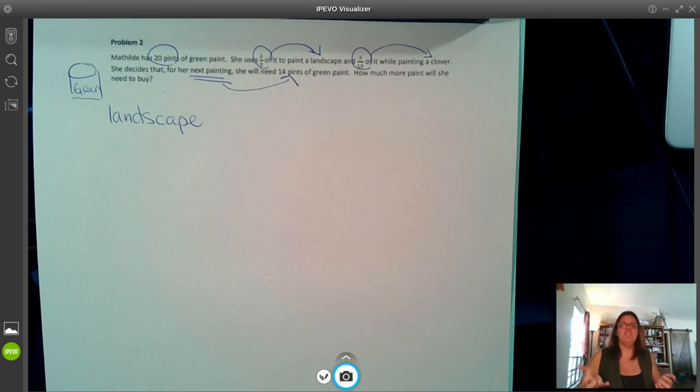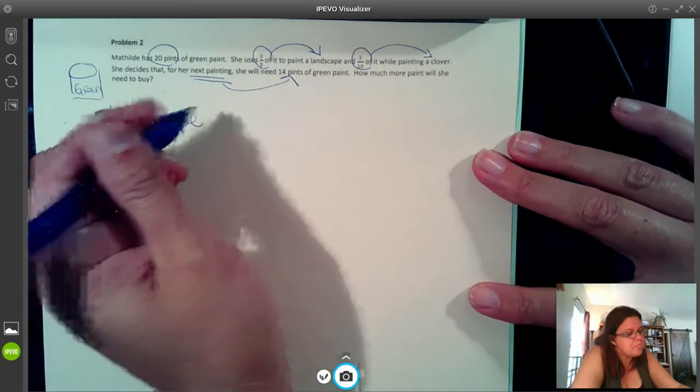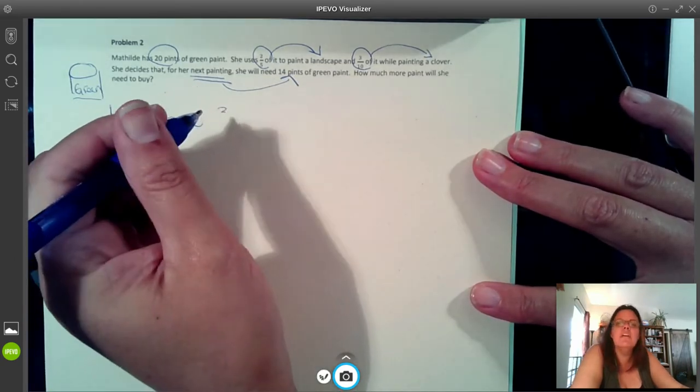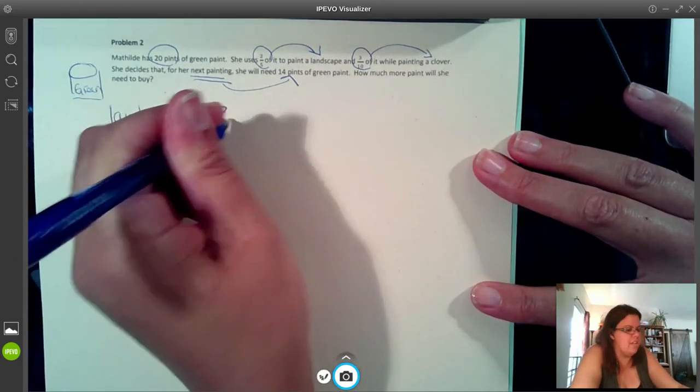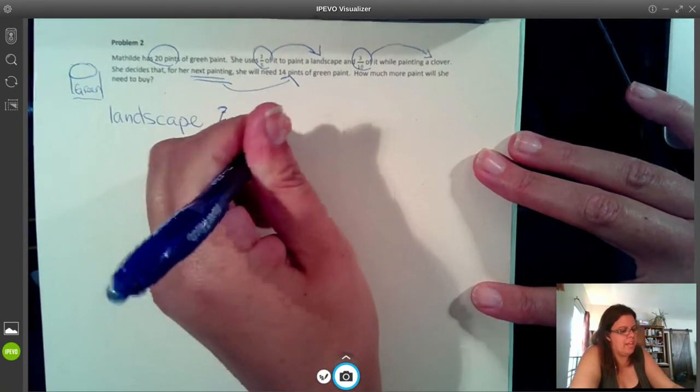The first thing we have to do is figure out how much paint she has used so we can figure out what she has left from the 20. Then we can figure out how much more she might need to buy. All right, so here we go. The landscape is 2/5 of 20.